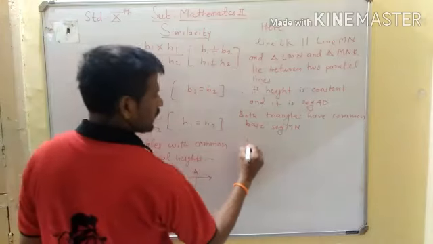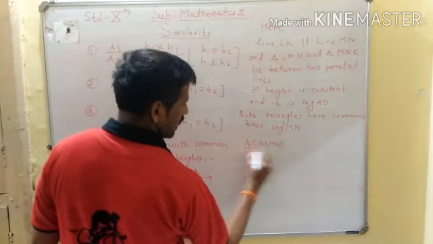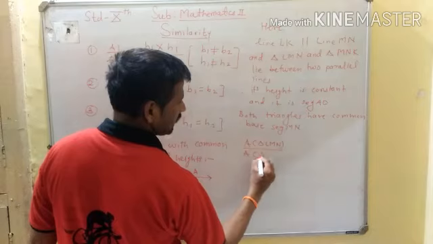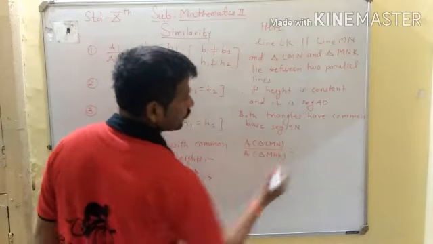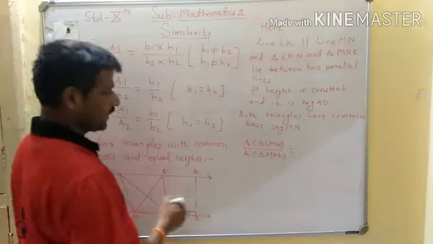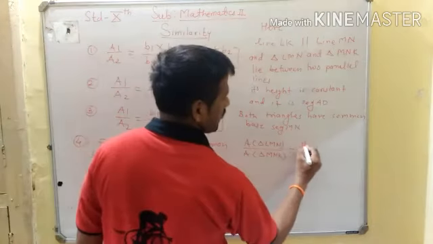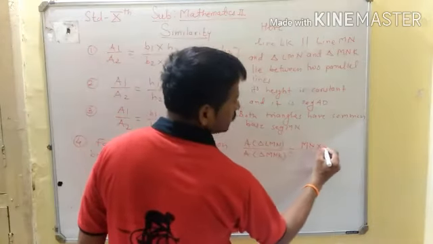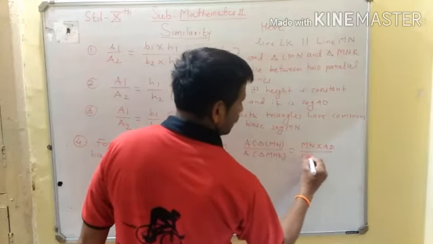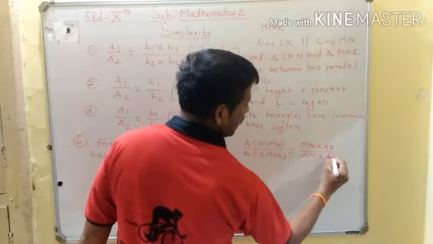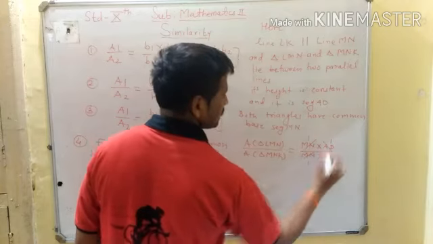Here area of triangle LMN upon area of triangle MNK is equal to the ratio of the product of their bases and corresponding heights, MN into AD upon MN into AD. That's MN gets cancelled, AD gets cancelled.